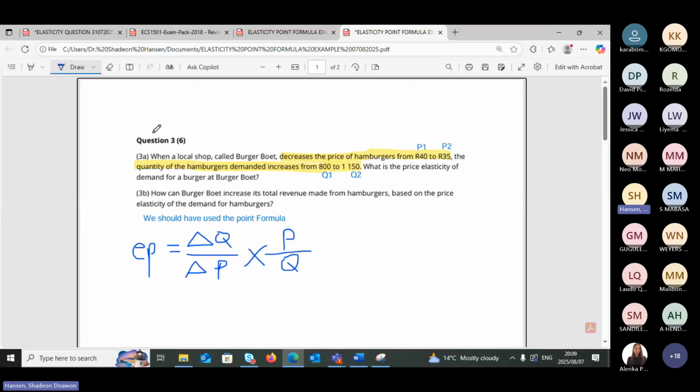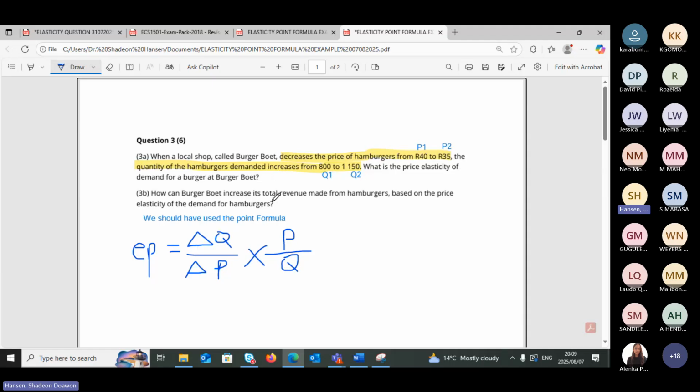I know these days they will most likely specify the formulas to use. If you see it like this and there's no mention of a point formula, and also no mention of an arc formula, then you use the point formula. There's no mention about the old price, and also no mention about the new price.